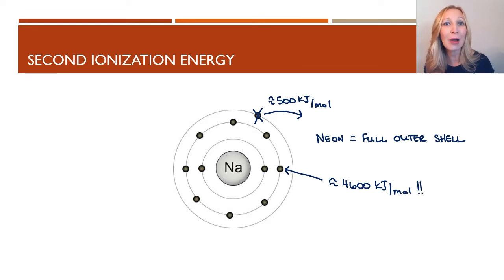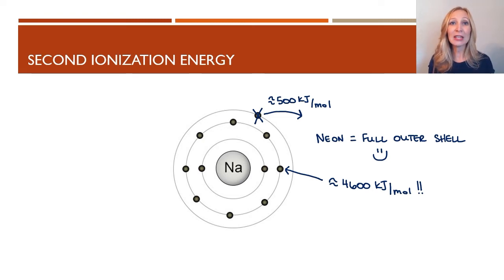It has a full outer shell. It looks just like neon on the outside. It requires almost 10 times as much energy to remove an electron from that octet. It requires about 4,600 kilojoules per mole because it was already happy and now you're trying to remove an electron from a stable, full outer shell.